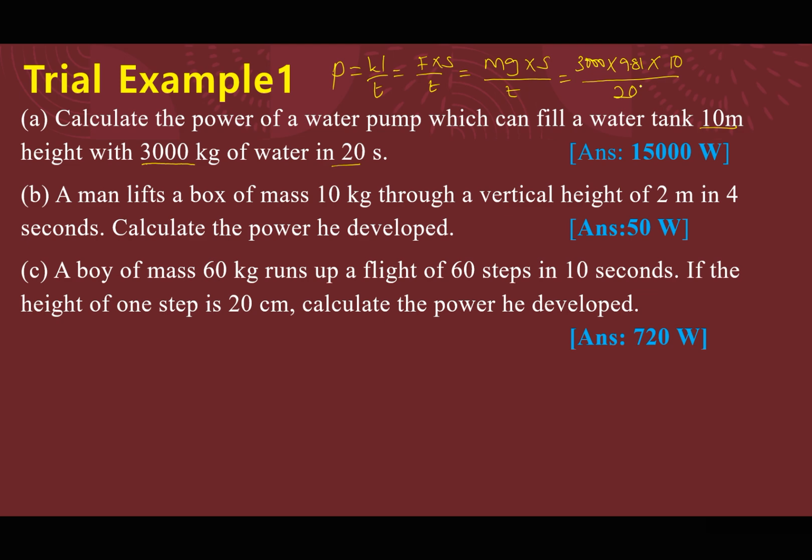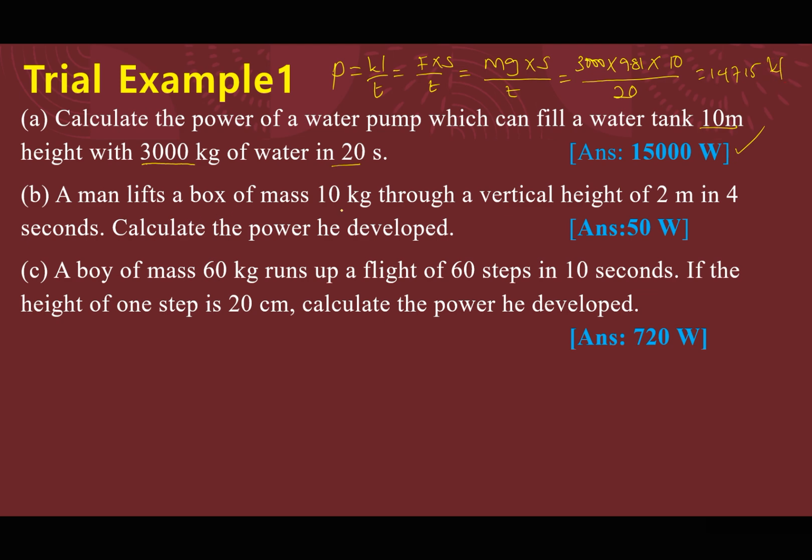I can check my calculator. 3,000 times 9.81 times 10 divided by 20. So I think this is correct to two significant figures. I'm getting 14715 watts or joules per second.